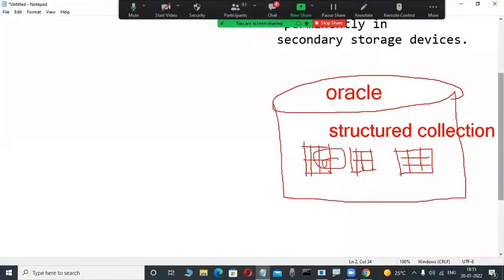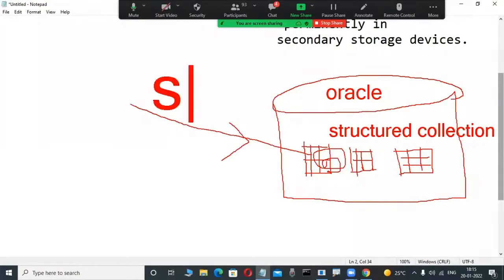Once we have a structured collection of data, to operate on this data some language is required. What is that language? Maybe anybody has an idea? SQL, structured query language. Through this language we operate on the structured data in relational databases.